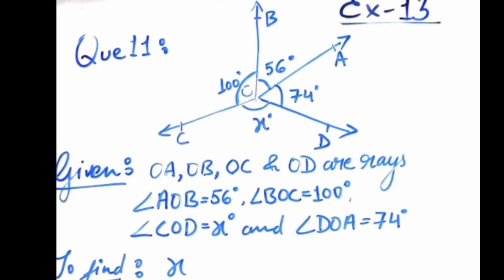So in the same way, first you will write the given in the question, that OA, OB, OC and OD are rays. It was given, and angle AOB is 56 degrees, angle BOC is equal to 100 degrees, angle COD is equal to x degrees, and angle DOA is equal to 74 degrees. We need to find the value of angle x.